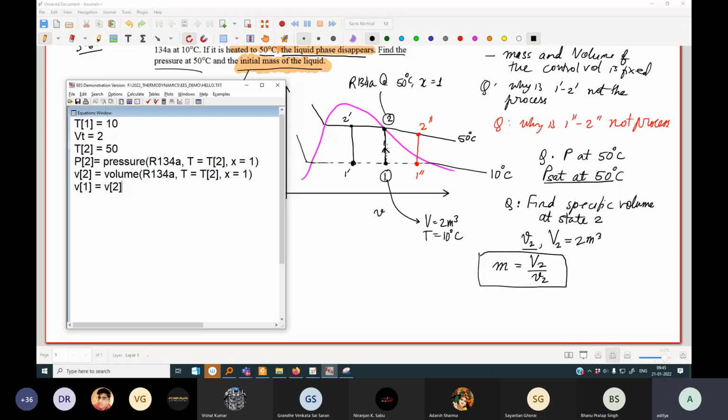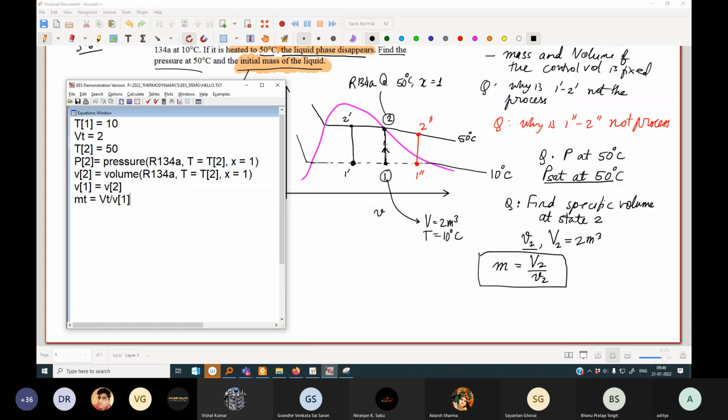Is it clear why V1 is going to be equal to V2? Yes, sir. It's literally on the vertical line, so V1 and V2 are equal. Let's write the total mass. Mass total is equal to V total divided by V1 or V2, doesn't matter. It's literally the same thing.